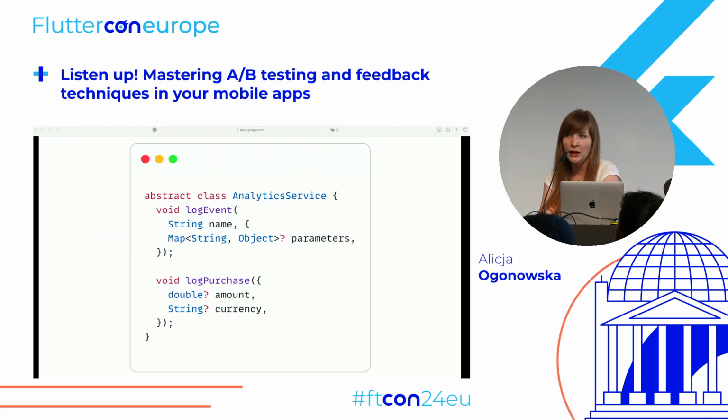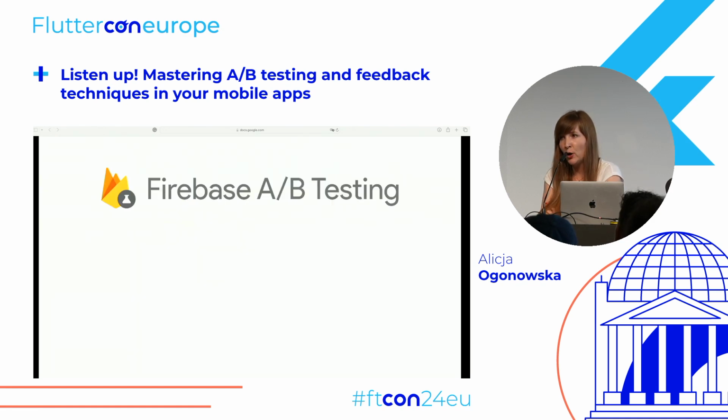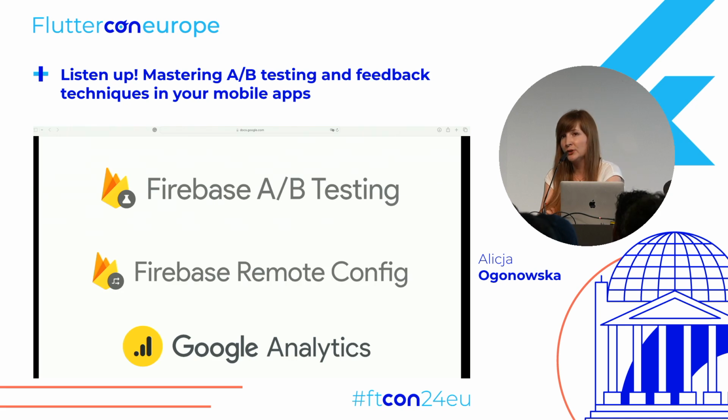So usually you can log a custom event, and usually events like purchase or sign up are available in all analytics tools. So as the first example, I'll be using Firebase A/B testing, which under the hood uses Remote Config and Google Analytics, because it's a free tool. Most apps already use Firebase, so it's easy to use that, and also easy to advocate for that.